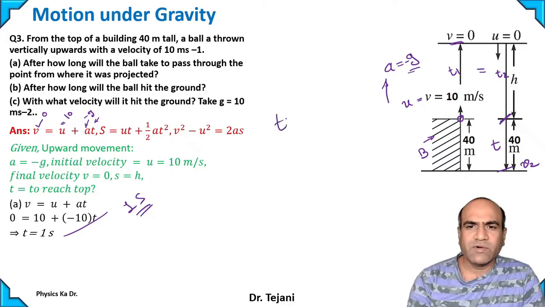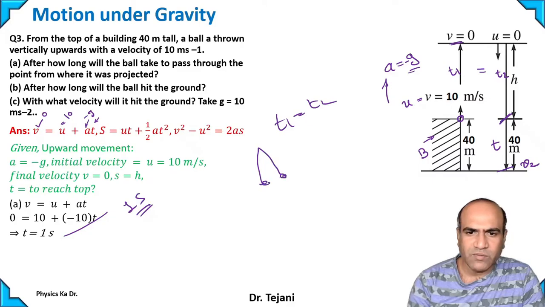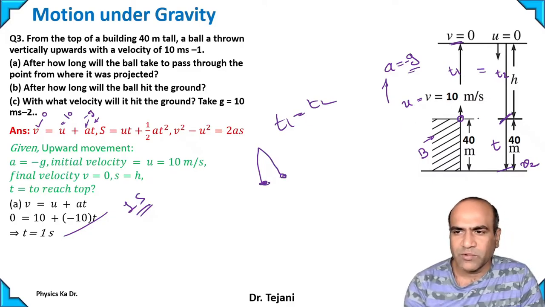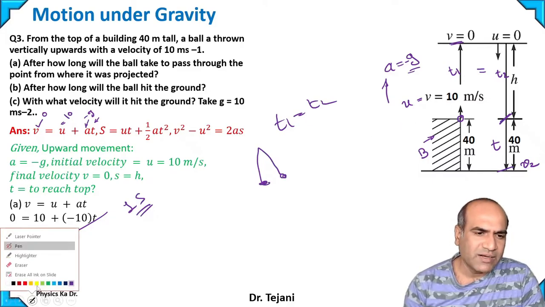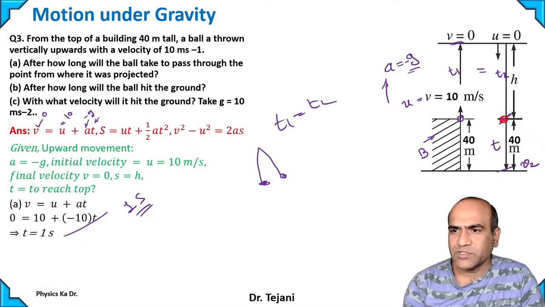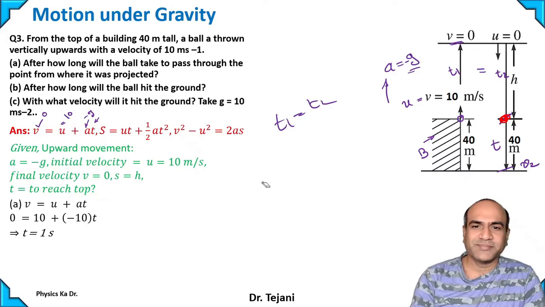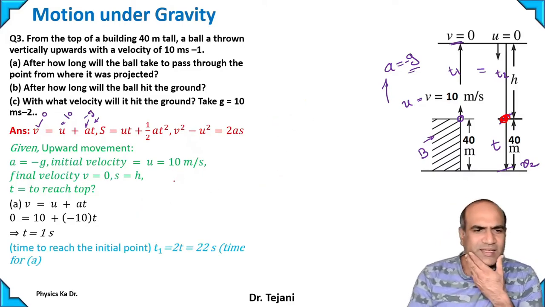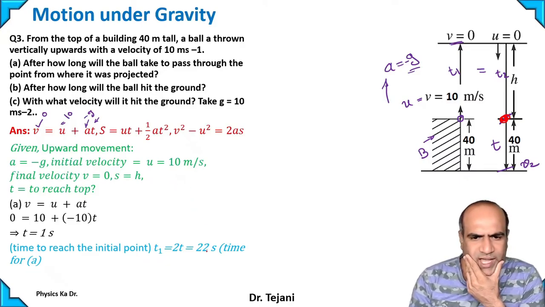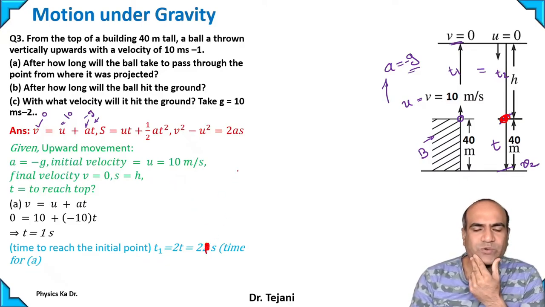We know that t1 is equal to t2, so for the return journey, when it reaches the return position, the time is double. Great job. So the time is 2 multiplied by 1, which is 2 seconds.